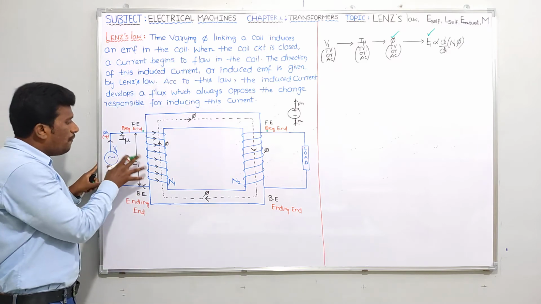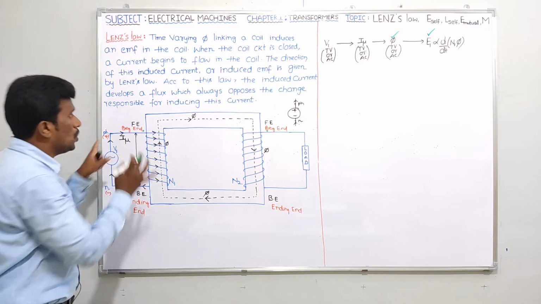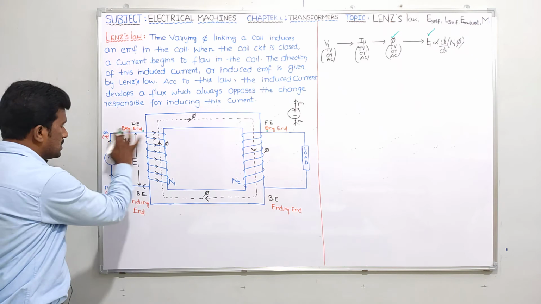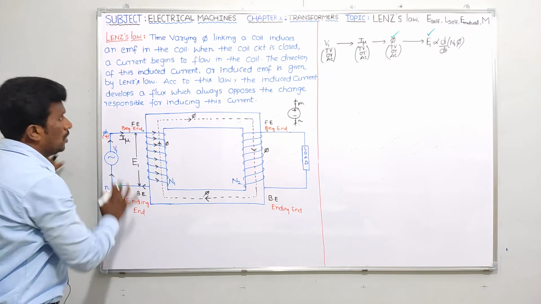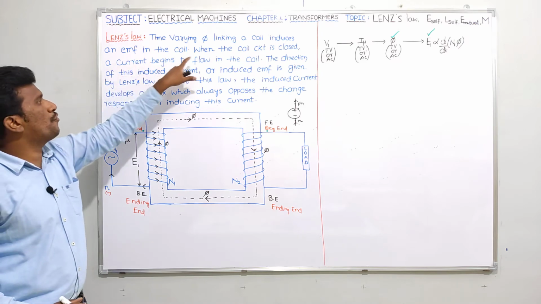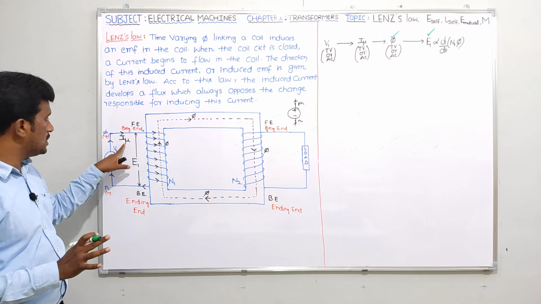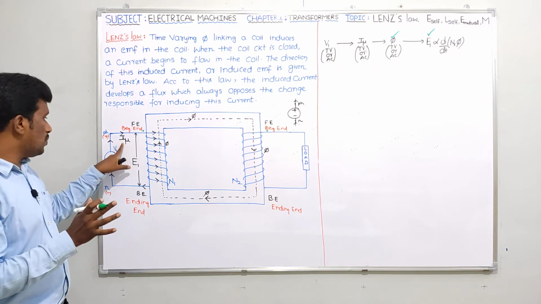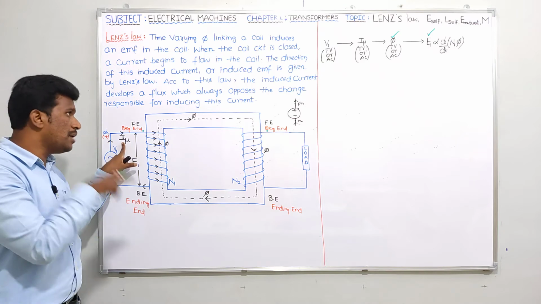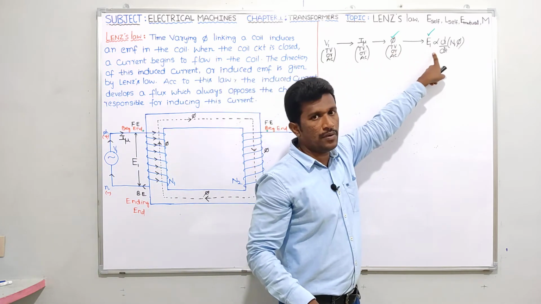Next, guys. After EMF E1 is induced, if the coil circuit is closed, when the coil circuit is closed, what about this circuit? It's closed, no? When the coil circuit is closed, a current begins to flow in the coil. Don't say this current is I mu. Because of V1 I got I mu, because of I mu I got phi, because of this phi I got E1 in the primary winding.